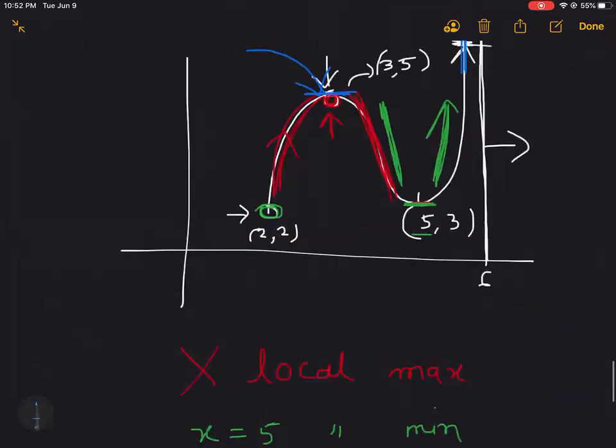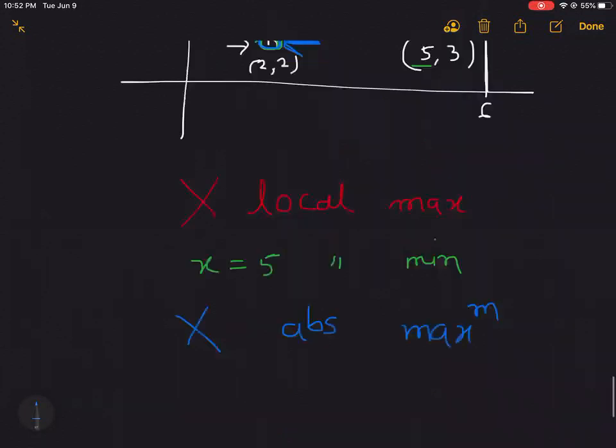And for absolute minimum as well, we need to have a value for which the functional value is the lowest. So the lowest point here is this one. Again, this is not defined. At this point we have a hole. At that point we don't have a defined value, so we'll say we don't have an absolute minimum either. So that's your absolute max and absolute min.